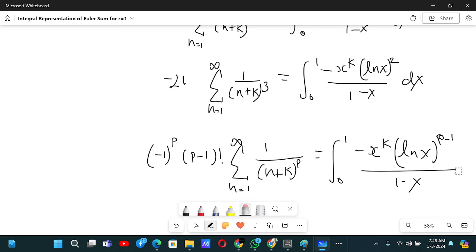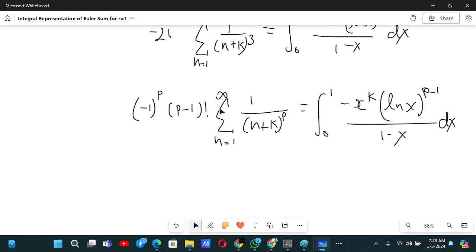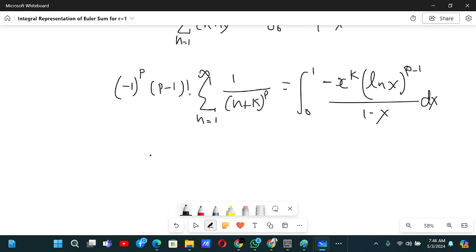Next, we know that this sum is basically going from (k plus 1) to the power p up to infinity.